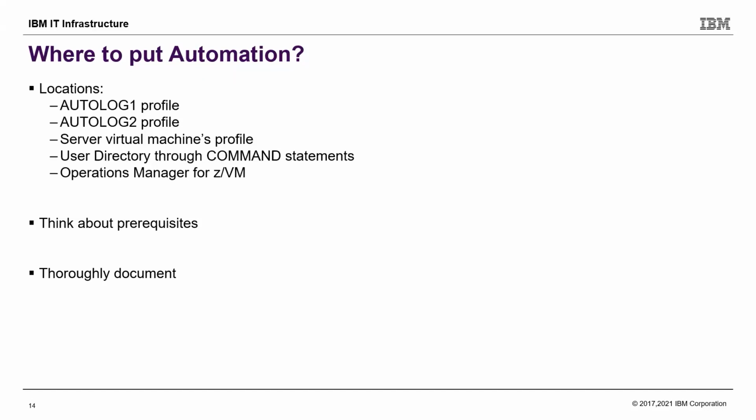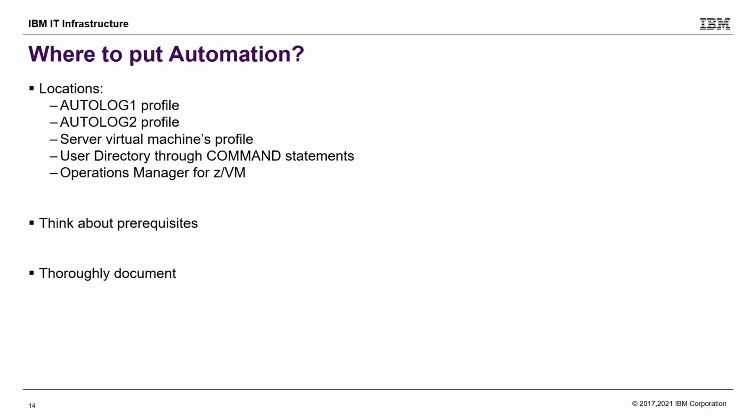So if a user has a command statement in its directory, that command will be executed once the user is established, but before any IPL statements in that directory entry for that user are executed. So you want to make sure certain devices are attached to that user or virtual machine before the user starts IPLing, starts doing processing. You can do that with command statements.